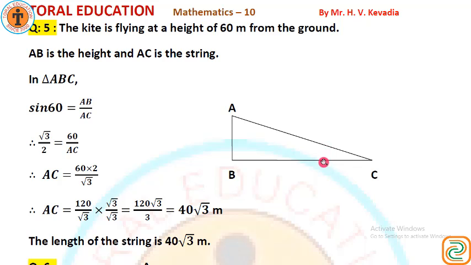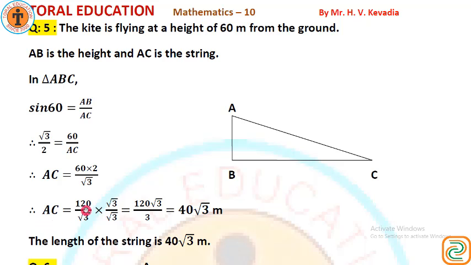Here is 60 and the height of the kite is given as 60 meter. So since 60 is opposite upon hypotenuse, we need to find out AC. Sin 60 equals AB upon AC. AB is given 60 and sin 60 is root 3 by 2. Again AC will go there and this will go there. 60 into 2 upon root 3.